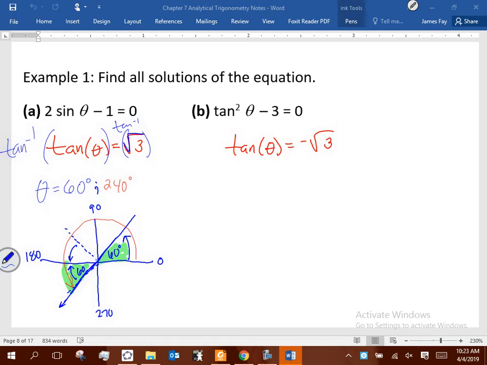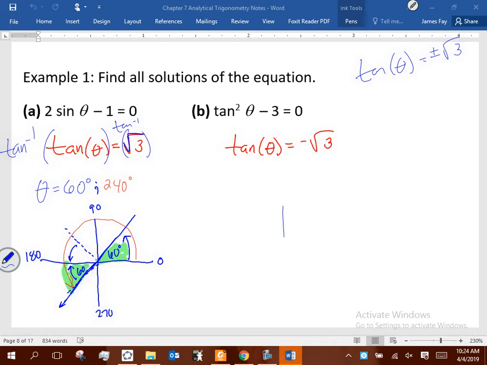So now, if people wrote tangent of theta is equal to plus or minus root 3 like that, that's what I was saying earlier, they go through this process, they get 60 and 240, and then a lot of times, they will go to the next question. They say they're done. But they didn't address the negative root 3, right? So that's why I think it's important for us to separate them, okay?